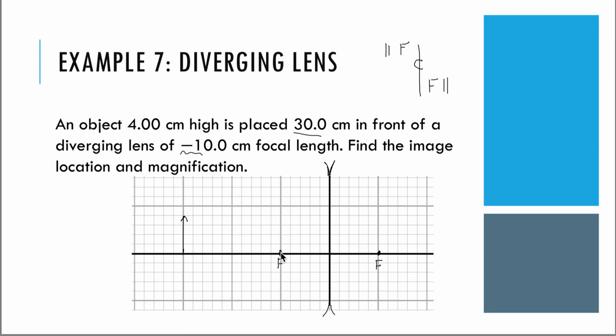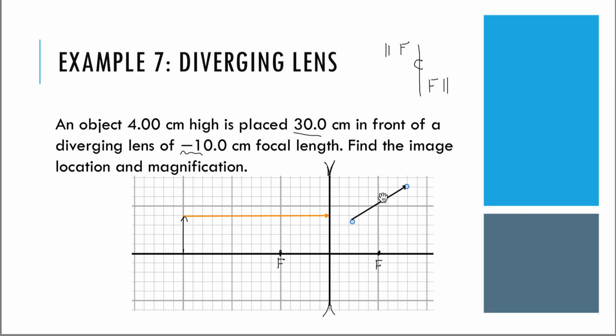So our first ray is going to be parallel. We're going to originate it from the object. It's going to be parallel. Whoopsie, let's have a nice one, there we go. But as soon as it hits the lens, it's going to diverge as though it came from the focal point on the same side.